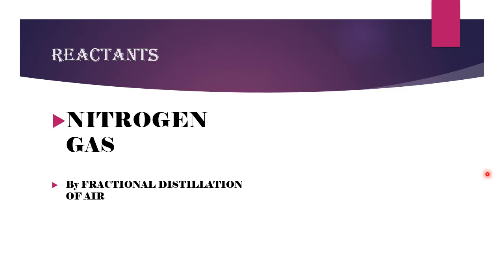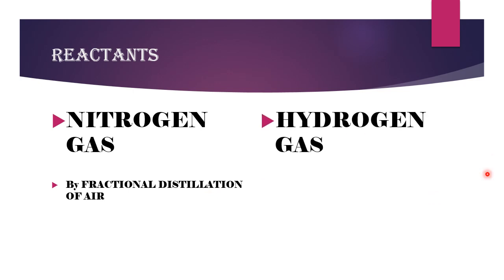Then another reactant is hydrogen gas. Sir, hydrogen is not easily available in the air. Yeah, but last year you learned that through the Bosch process we can obtain hydrogen, right? So Bosch process, do you remember?